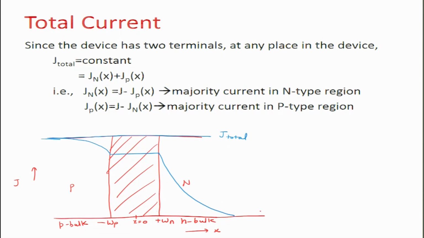You can see that this current is high on the p side, and it is constant in the depletion region, because in the depletion region we assume that there is no recombination or generation, so nothing happens to the carriers. But the moment they come to this side, the current drops.